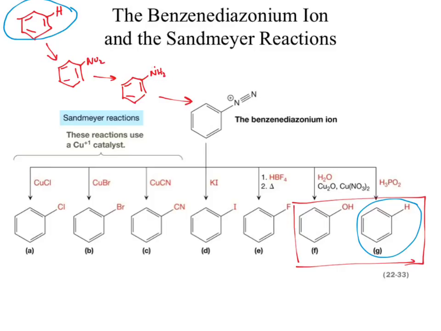Okay. Why is the next one kind of neat? As a hint, it's kind of neat for the same reason as our nitro reduction is kind of neat. Why was the nitro reduction kind of neat?